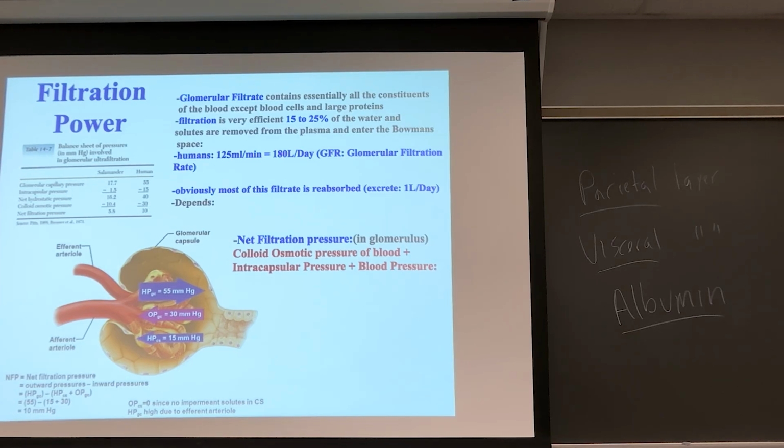She feels terrible all the time because her blood volume is really low. Her blood pressure is already really low, so this number is dropping, and her filtration power is negligible. So she's just ruining her kidneys.